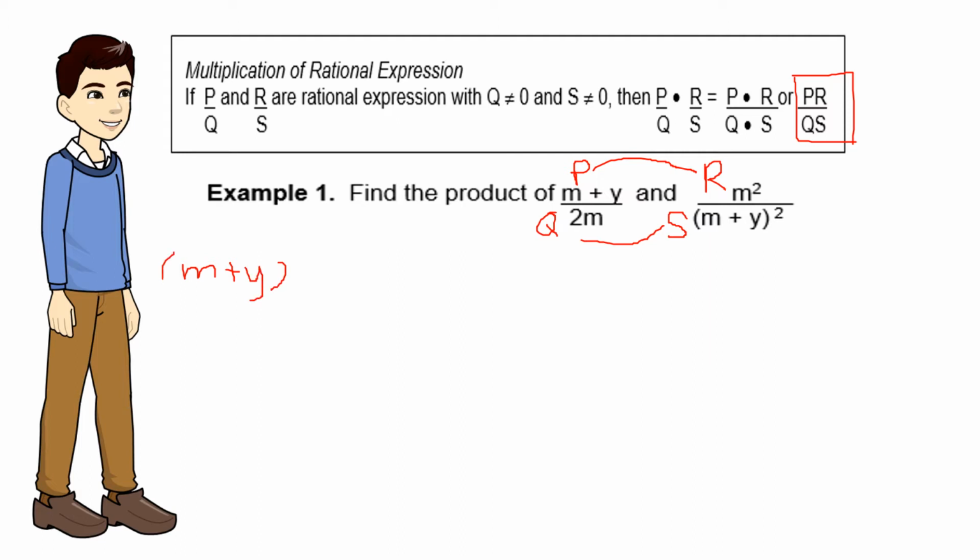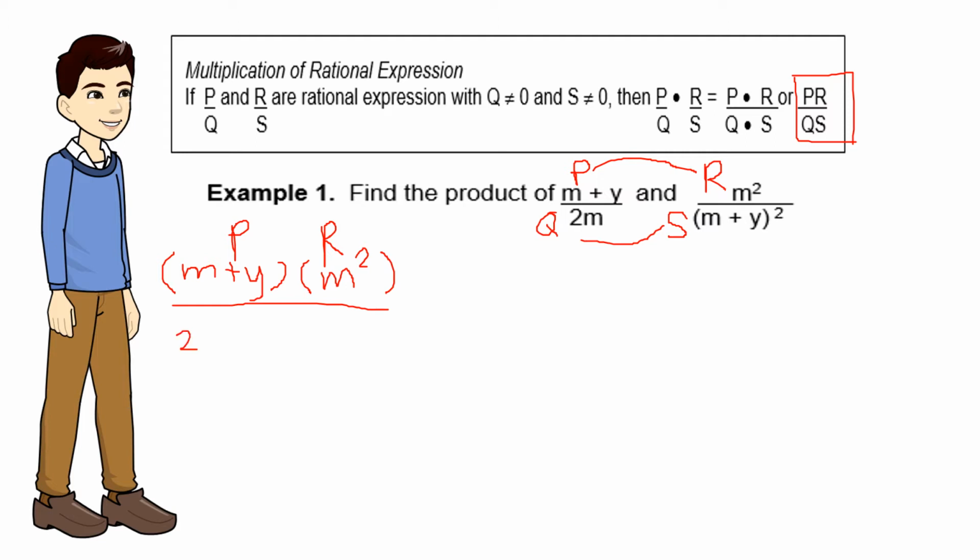Pwede kayong gumamit ng open and close parenthesis to specify the operation multiplication. So, m plus y times m squared, that is PR. Pwede nyo naman hindi na isulat yung PR na yan, and that's the QS natin.